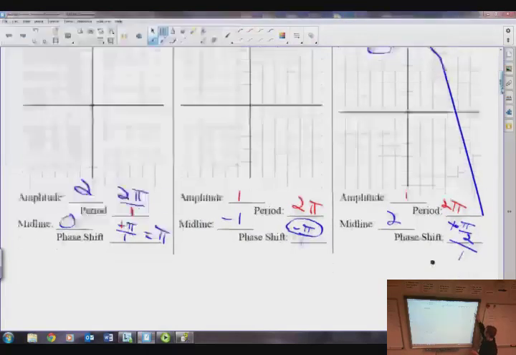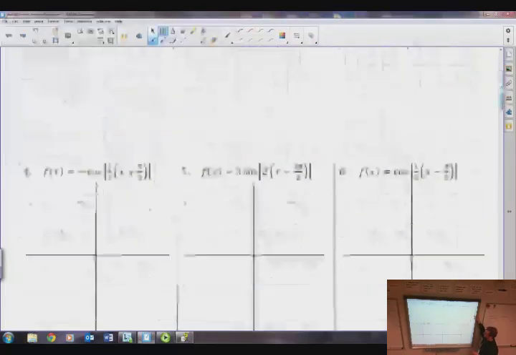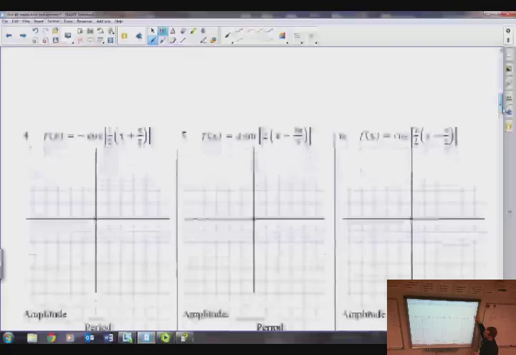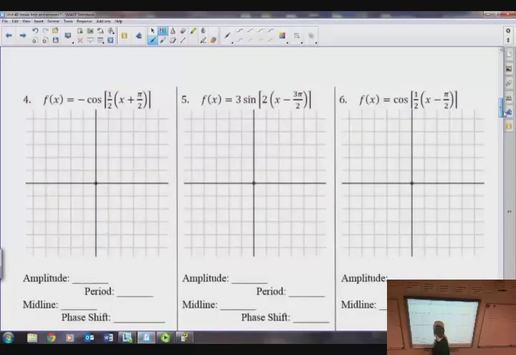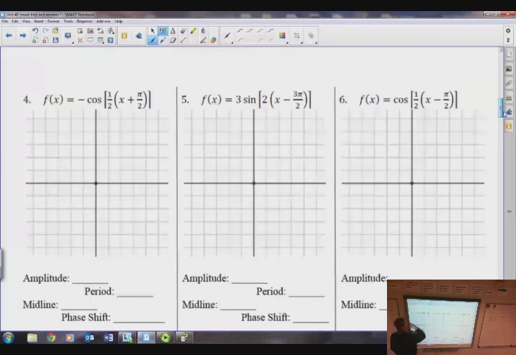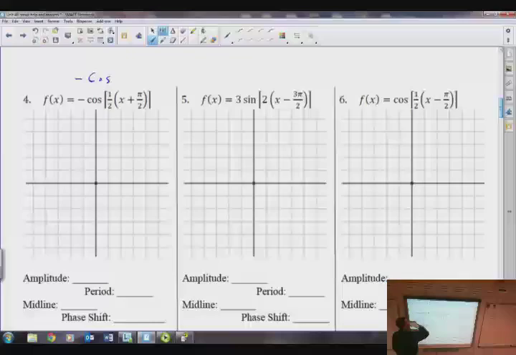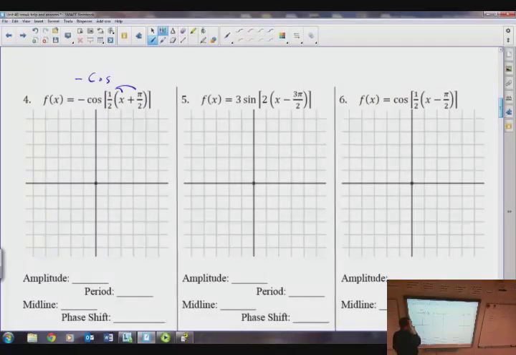Okay, so let's jump to 4, 5, and 6. I think we're going to have to multiply that through first to understand number 4, 5, and 6. So on number 4, we're going to take that negative cosine, and all I'm going to do is distribute that positive a half through.